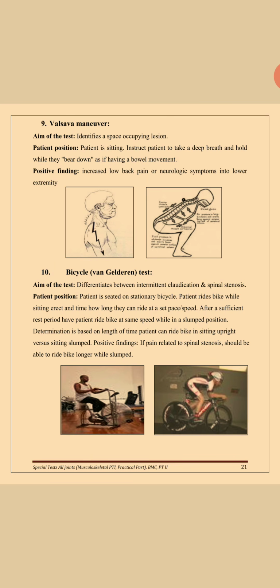After sufficient rest period, have patient ride bike at same speed while in a slumped position. Determination is based on length of time patient can ride bike sitting upright versus sitting slumped. Positive findings: if pain related to spinal stenosis, should be able to ride bike longer while slumped.